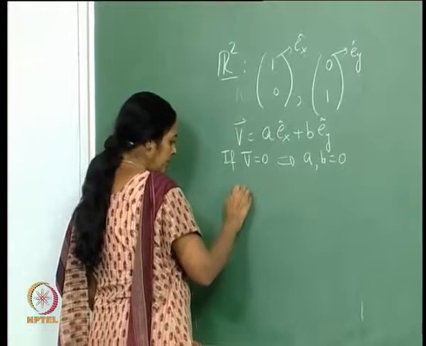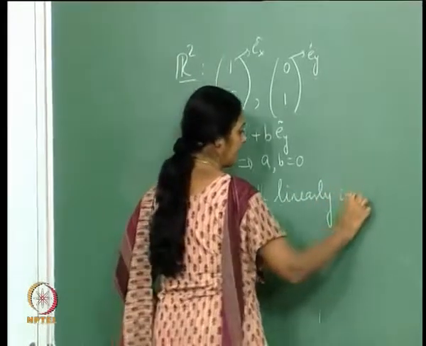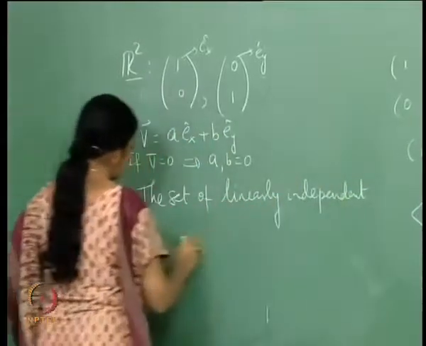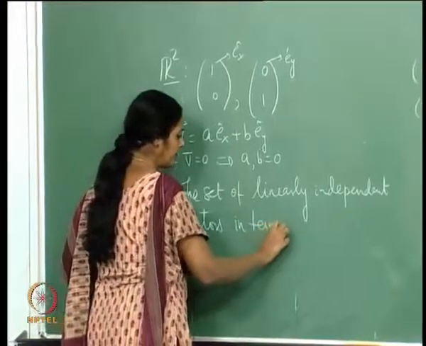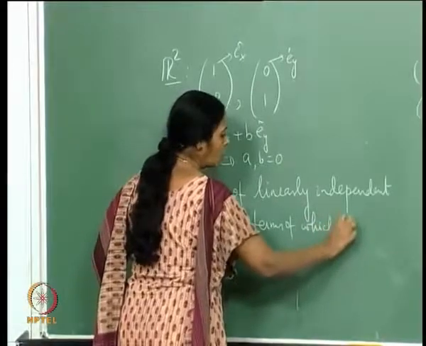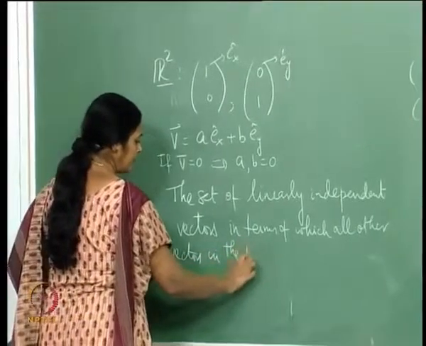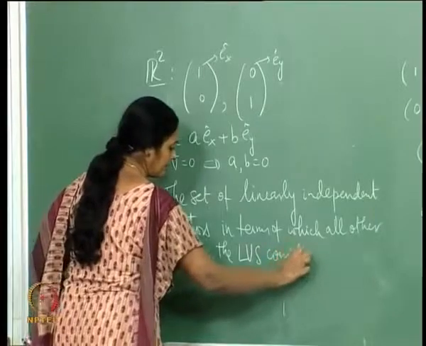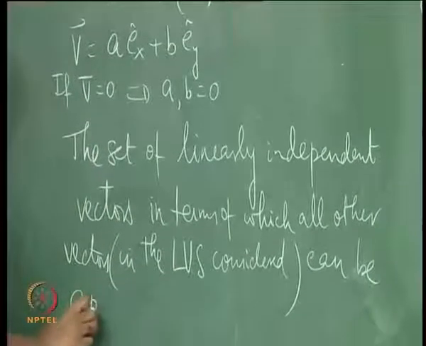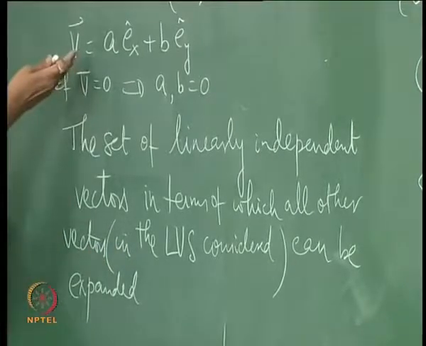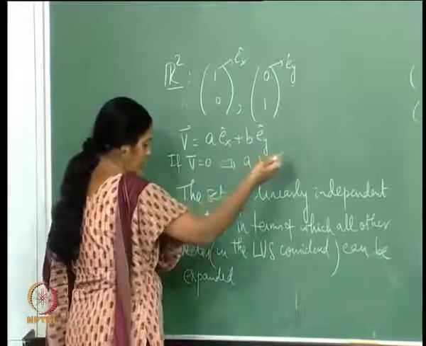Now, this set of linearly independent vectors, in terms of which all other vectors in the LVS considered can be expanded, that means as a superposition, writing it as a superposition of all linearly independent vectors with coefficients a, b and so on.